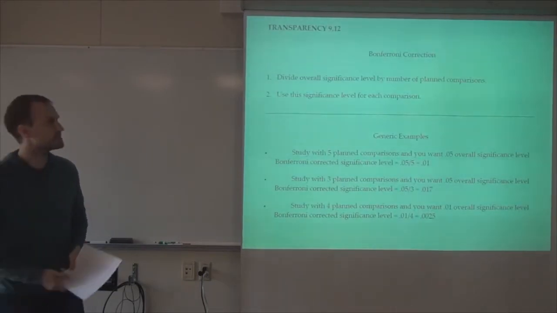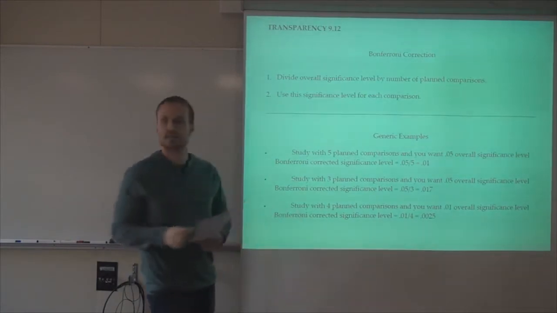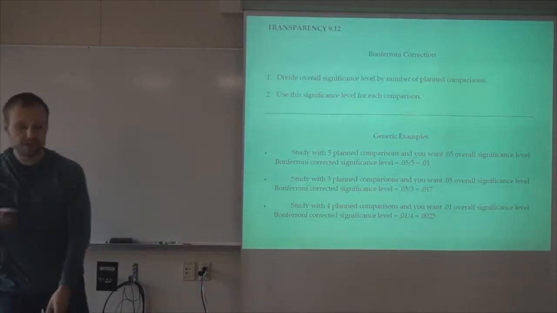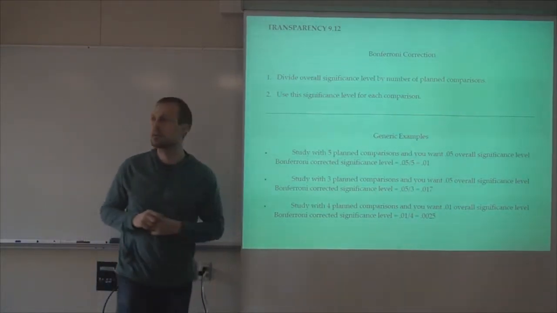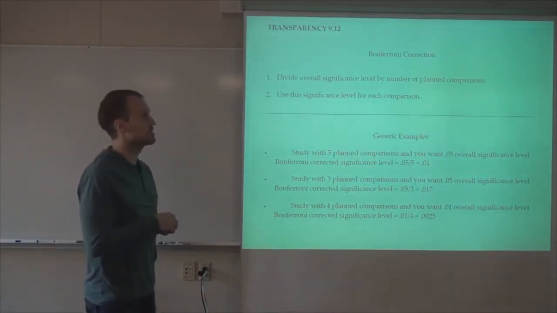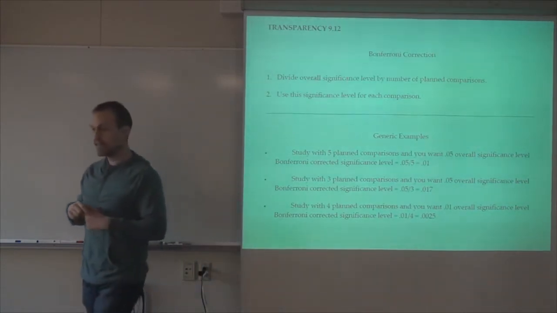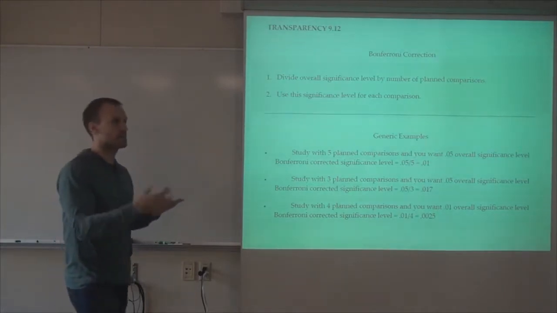The problem then, without going into too much detail, is that if I test all the pairs, then every time I run a test between pairs, I run the risk of a type 1 error. That's my significance level, alpha. And if I then do it again for a different pair, I have that risk again, and again, and again, and again.